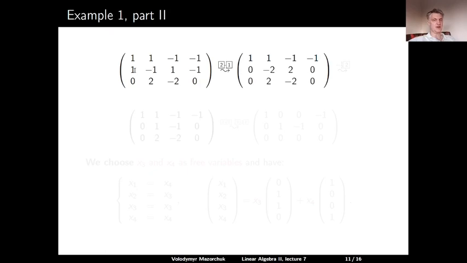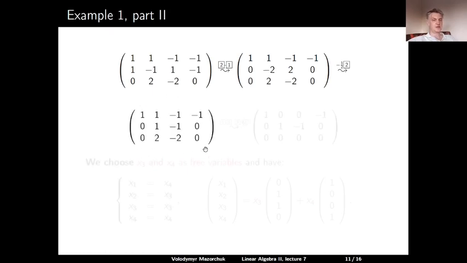Rows 1 and 3 remain the same, and row 2 becomes 1 minus 1 is 0, minus 1 minus 1 is minus 2, 1 minus 1 is 0, minus 1 minus minus 1 is 0. Wait, as computed, the entries are 0, minus 2, 2, 0. So now we have minus 2 here. We want to make it into 1. So we divide the second row by minus 2.